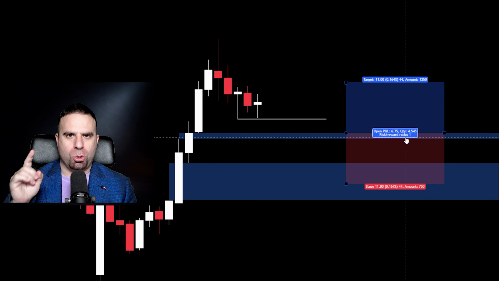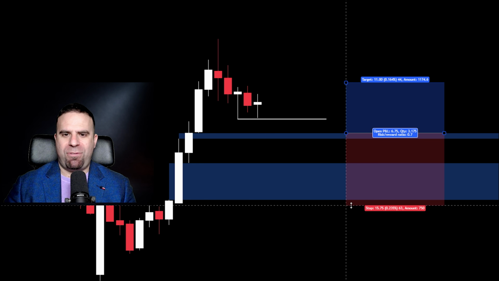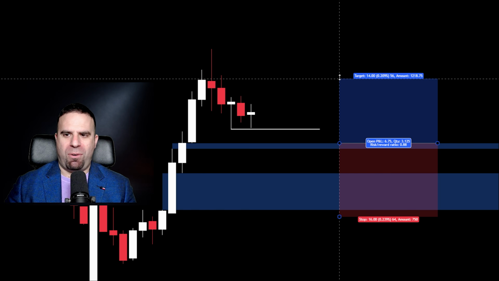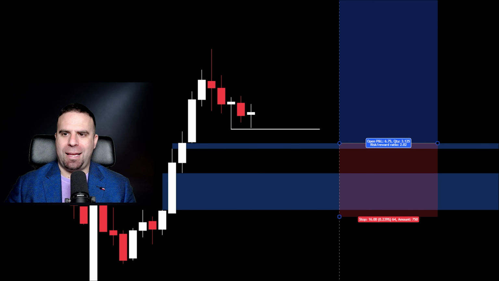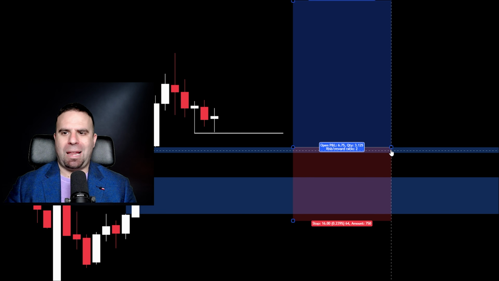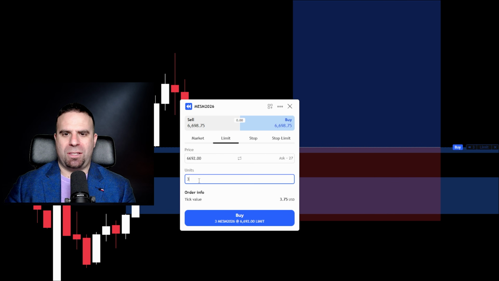What I want you to do, I want you to place your stop loss below FVG number 2, so below the bottom fair value gap, and I want you to go ahead and target a 2-to-1 reward to risk. Simple as that.